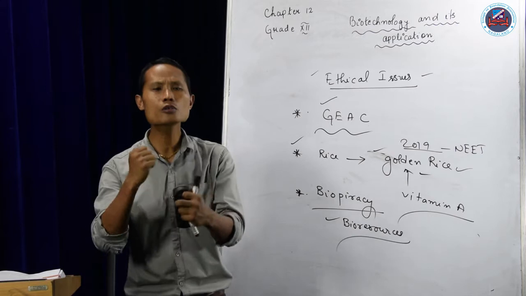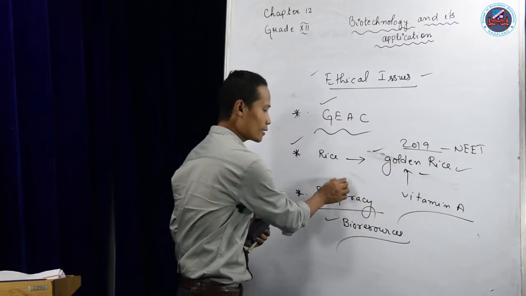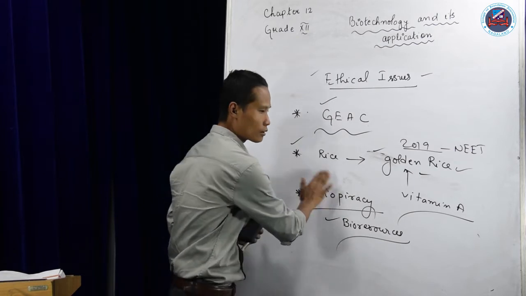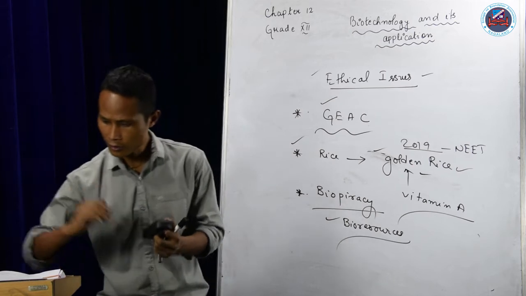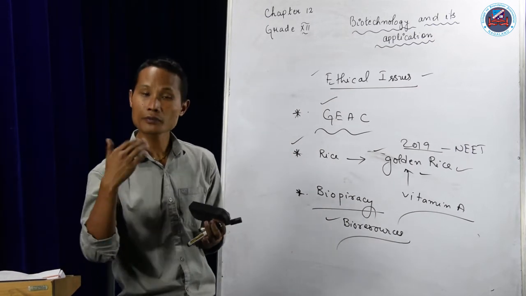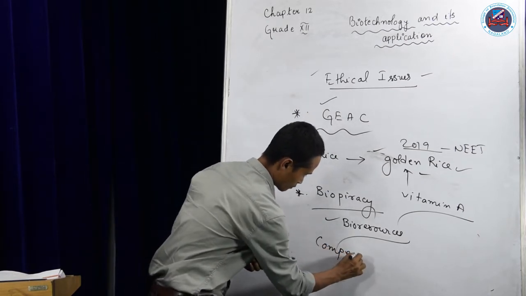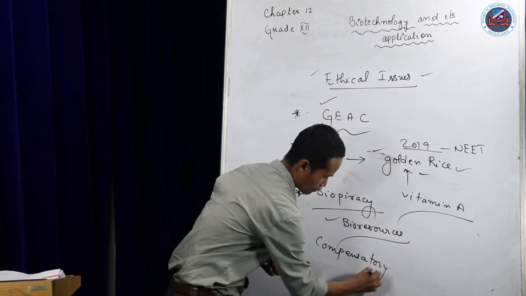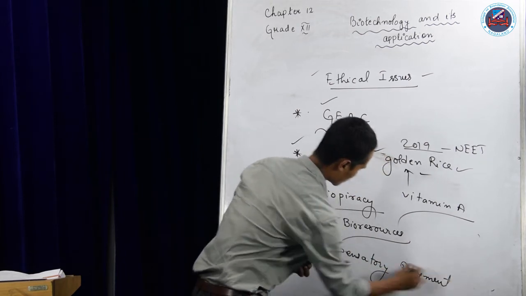The controlled use of bioresources has certain benefits, like, I'll just use that term, a compensatory payment to the poor people.